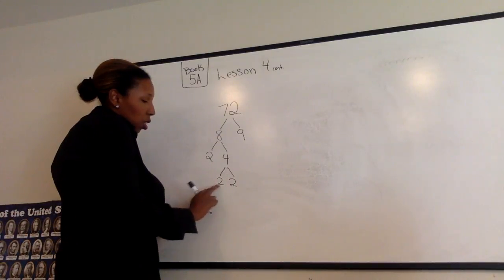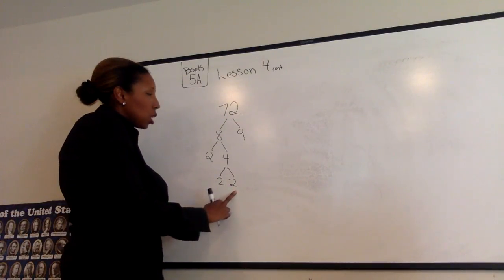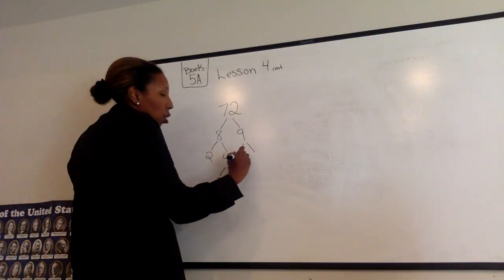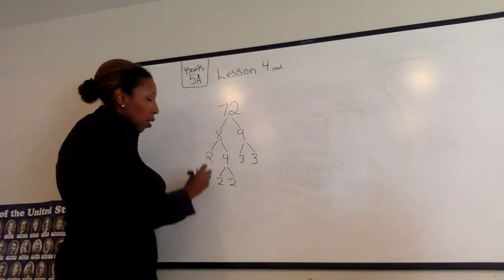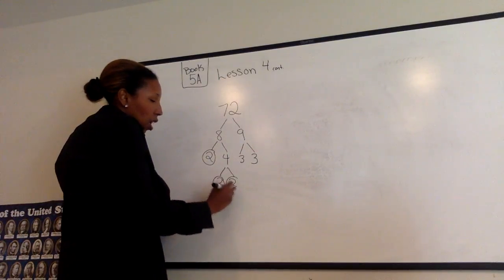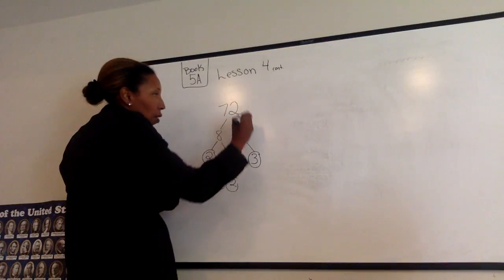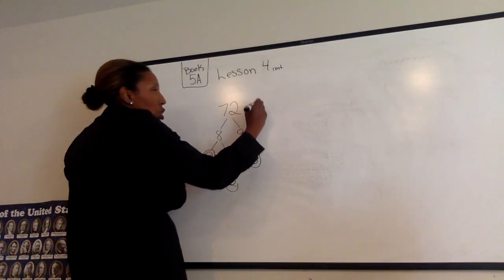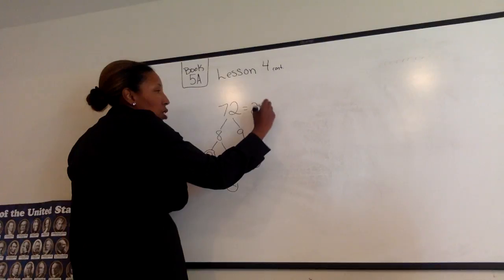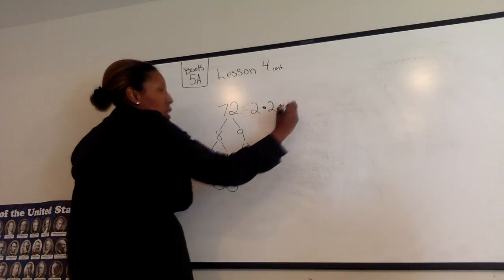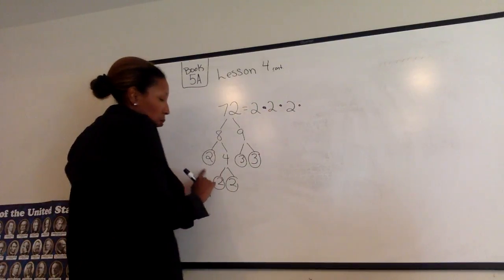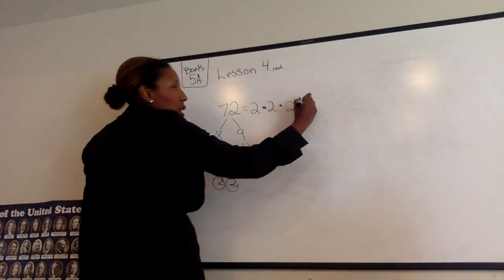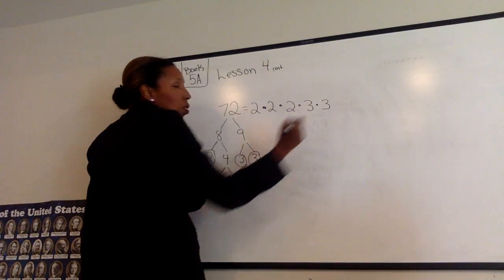And now we're done with that because we have all prime numbers. And then 9 breaks into 3 and 3. Now, if I was to circle what numbers we're left with, 72 equals 2 times, I'll use the dot, 2 times 2 times 3 times 3, right?